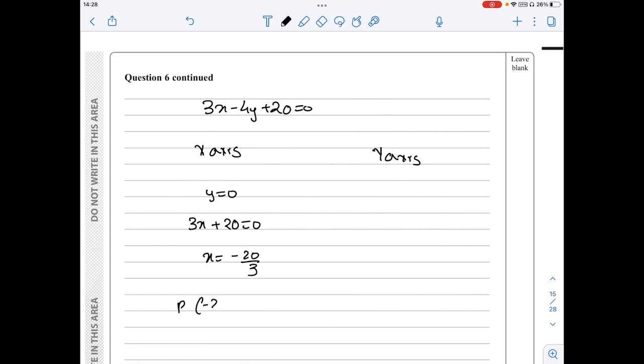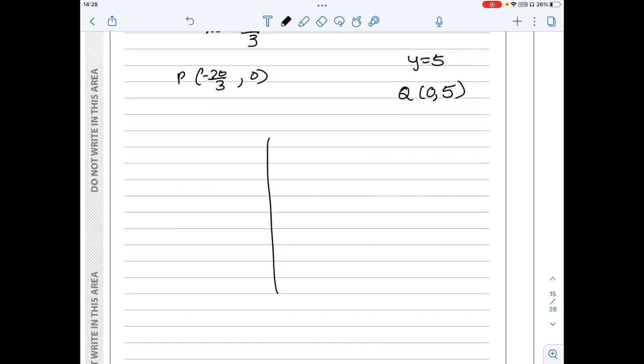So P is (negative 20 upon 3, 0). Y-axis means x equals 0, so negative 4y plus 20 equals 0, y equals 5. So Q is (0, 5).